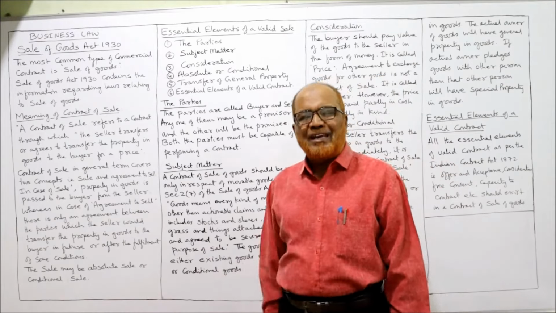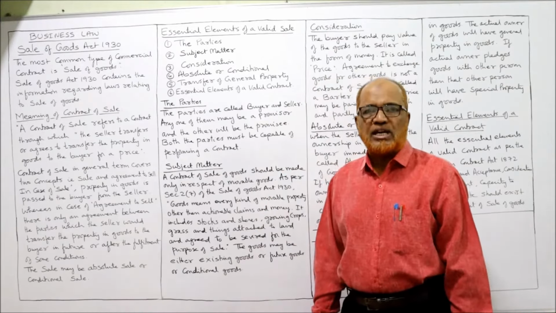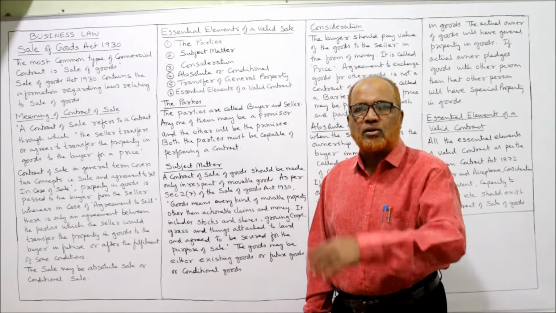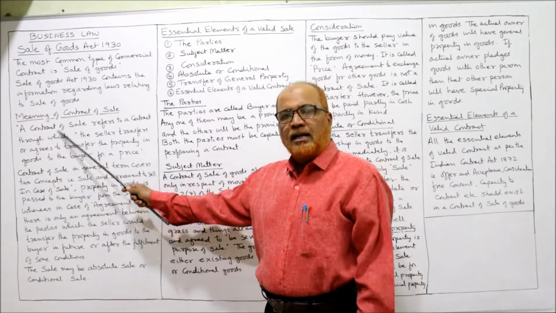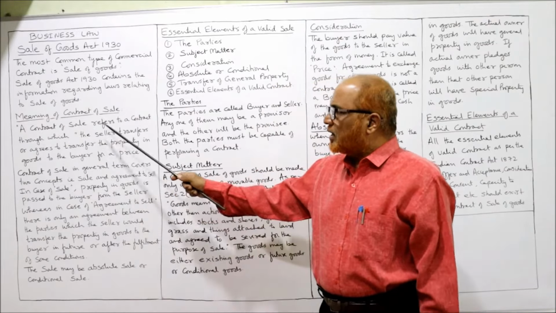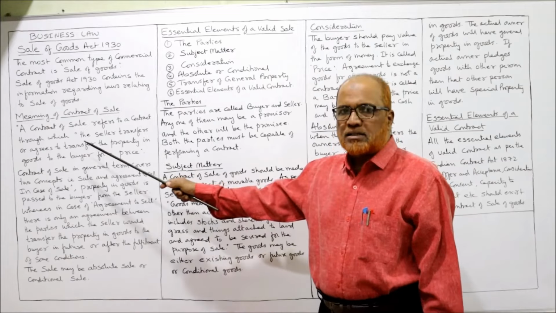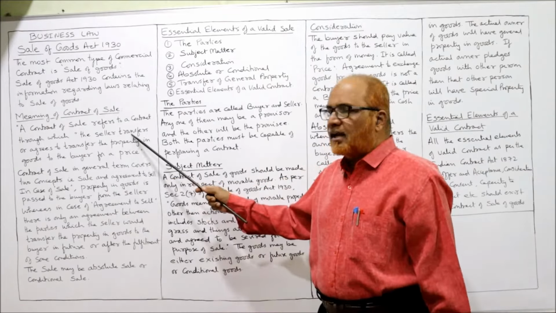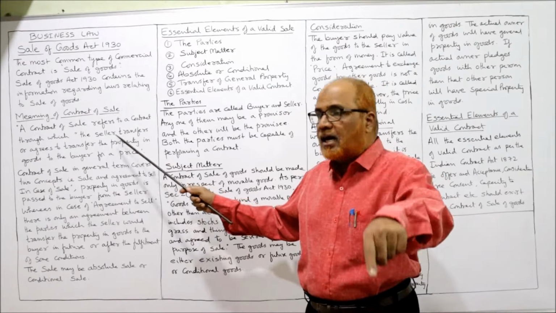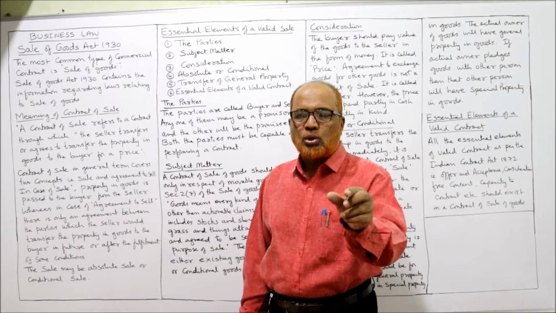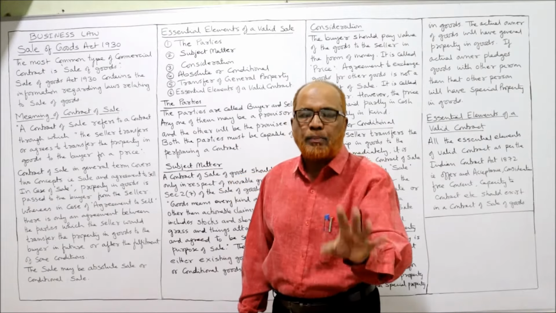So first of all, the meaning of the term contract of sale. When can we say a contract is a contract of sale? Here, a definition has been given. First of all, we'll see the meaning. A contract of sale refers to a contract, so contract of sale is a contract only, in which the seller transfers or agrees to transfer the property in the goods to the buyer for a price.